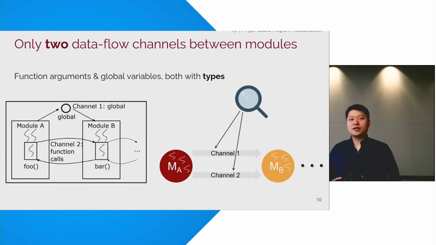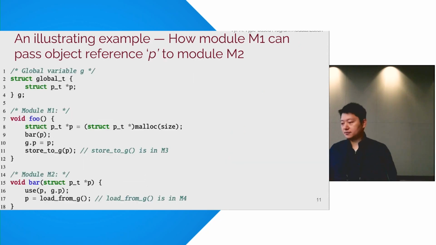So just the two ways: function arguments or global variables. Both channels come with type information. So by inspecting these two channels, we can know which type of data flows can happen between two modules. So that's why this can be practical.